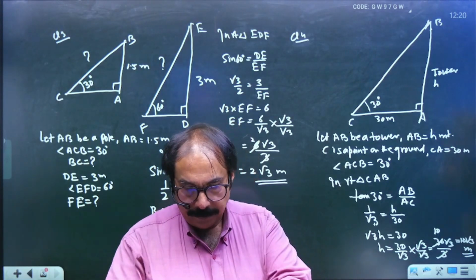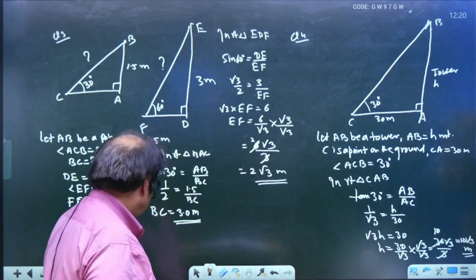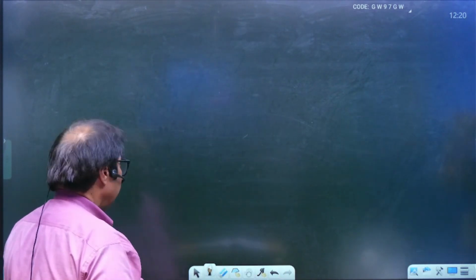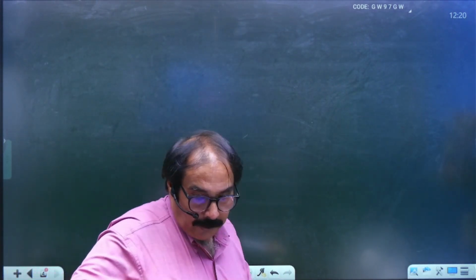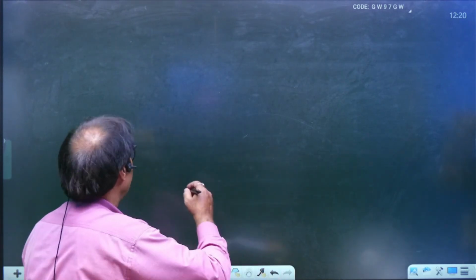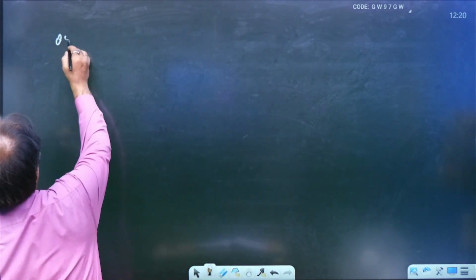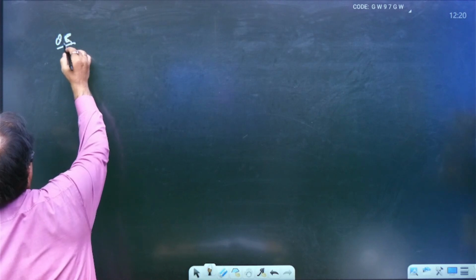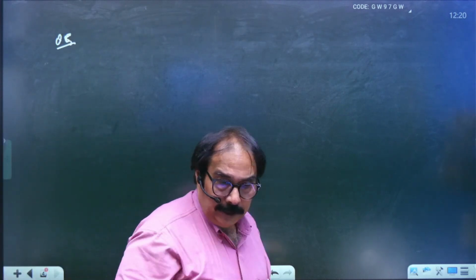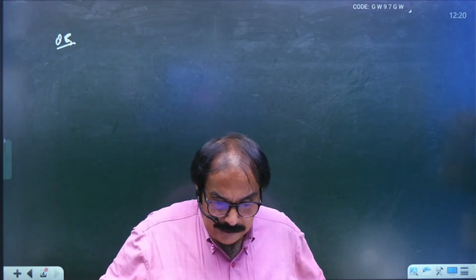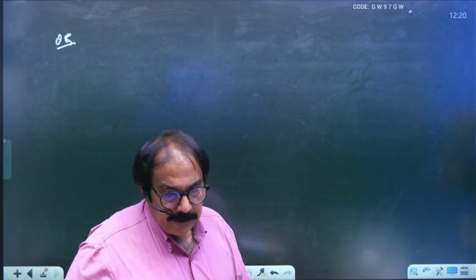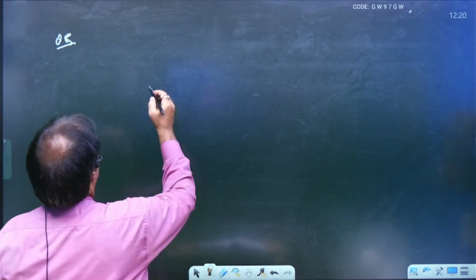Okay, got it? Now the next question, question number 5. The question number 5 says a kite is flying at a height of 60 meter above the ground.